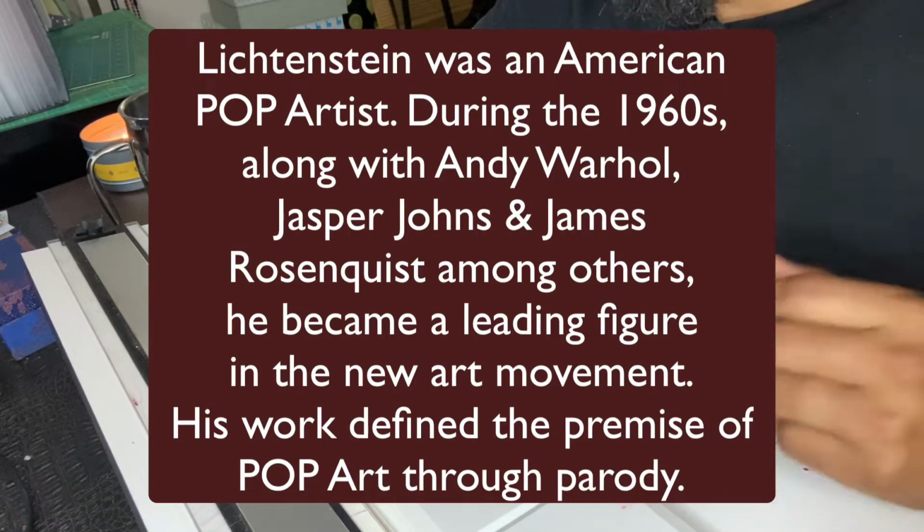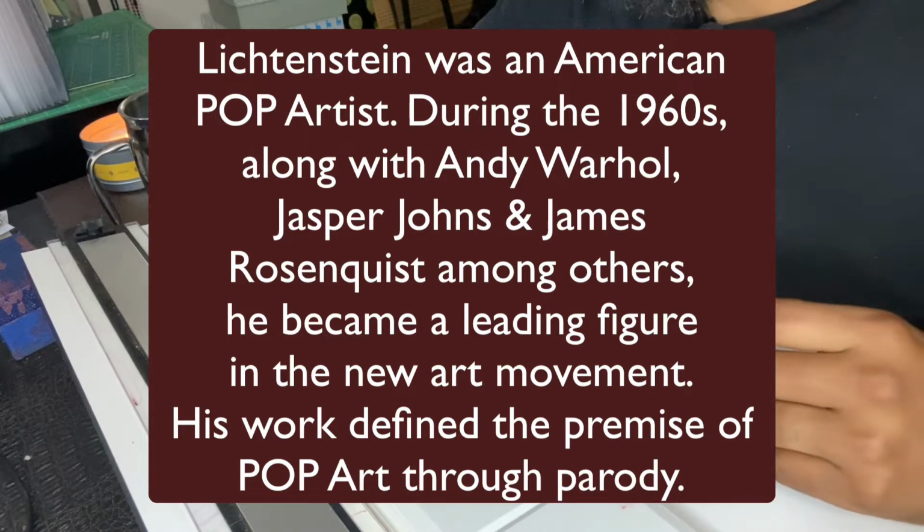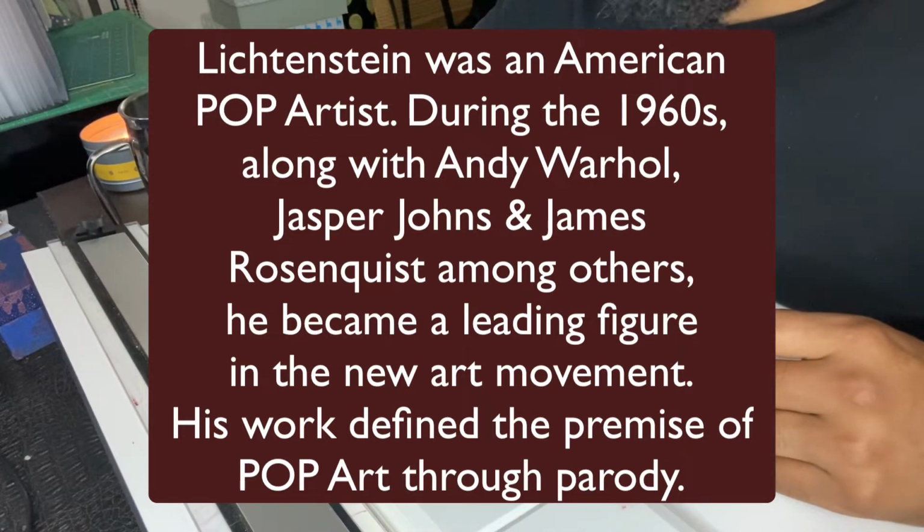Roy Lichtenstein was an American pop artist during the 1960s, along with Andy Warhol, Jasper Johns, and James Rosenquist, among others. He became a leading figure in the new art movement. His work defined the premise of pop art through parody.